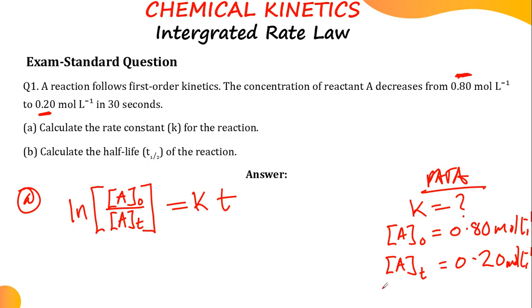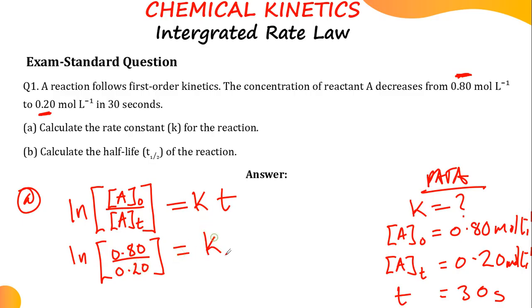Then our time is 30 seconds. Then we just replace. So we have ln of the initial concentration 0.80 over 0.20 equals K times 30. K is the one we are looking for.